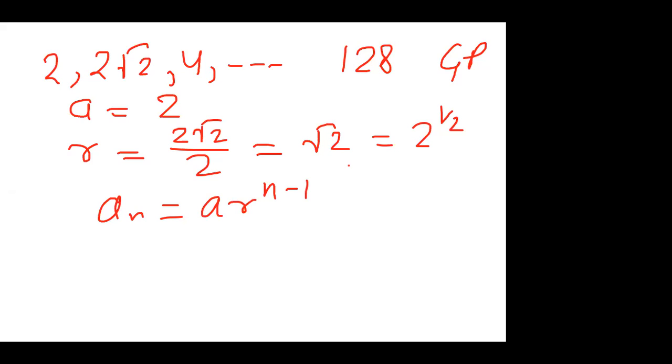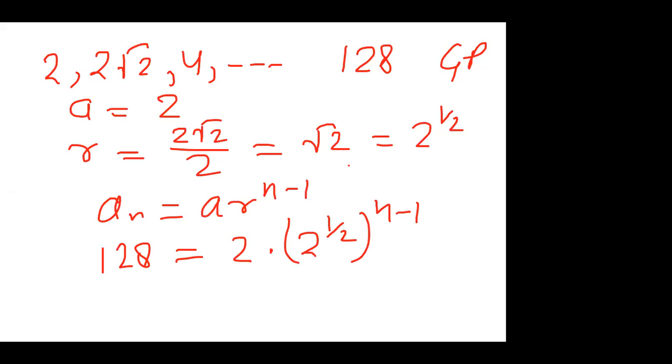So a_n, which is 128, equals a, which is 2, and r is 2 to the power 1 by 2, whole to the power n minus 1. Now we need to simplify it only for n.